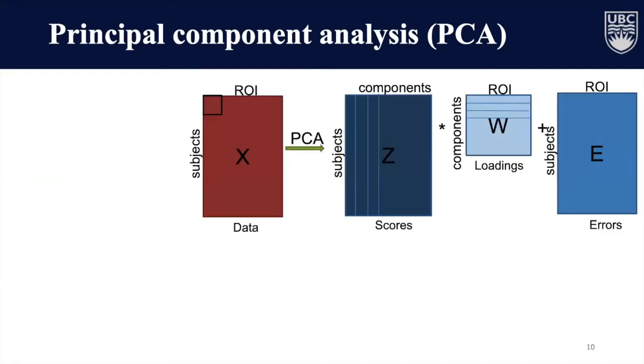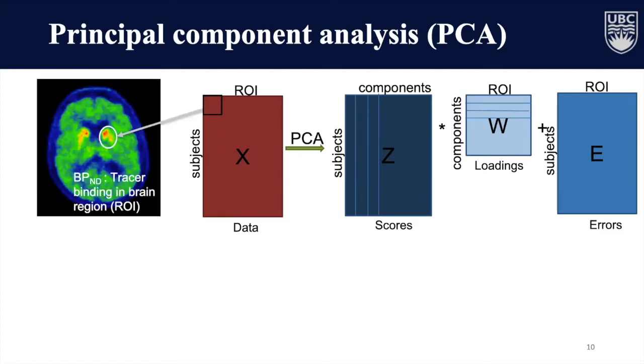So in our case, we applied PCA to binding potential data in each brain region, or ROI, across subjects. And the PCA loadings, so the loading matrix W, this gives us these spatial patterns. And then the PC scores represent how strongly each subject expressed that particular spatial pattern.